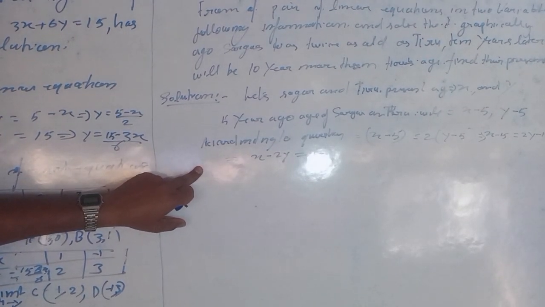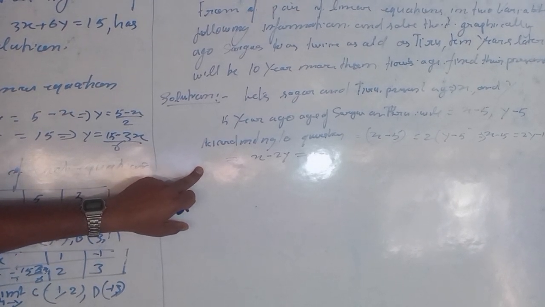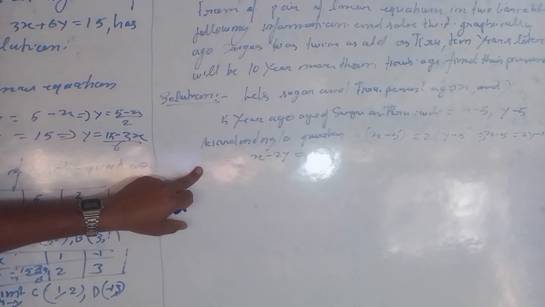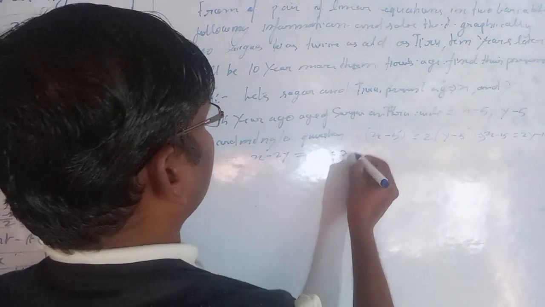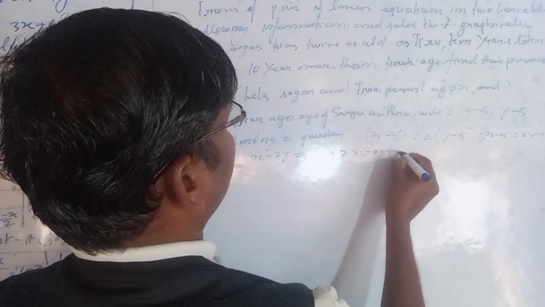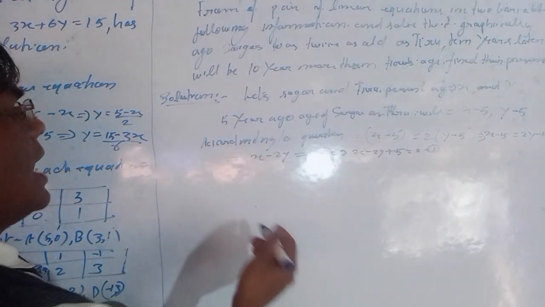Or we can write here x minus 2y plus 5 is equal to 0. Got it? First equation.